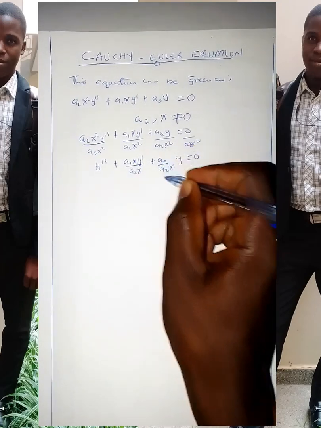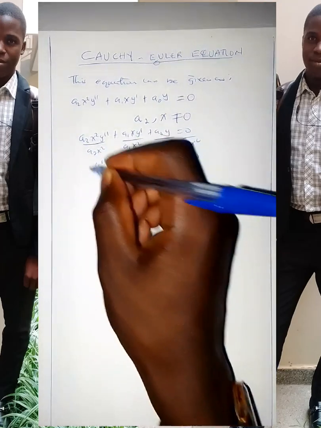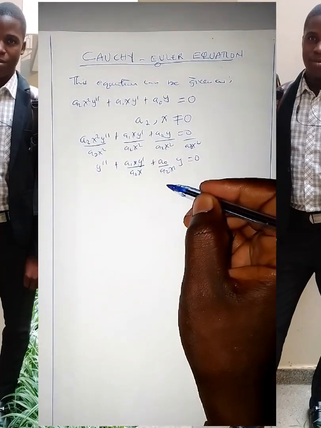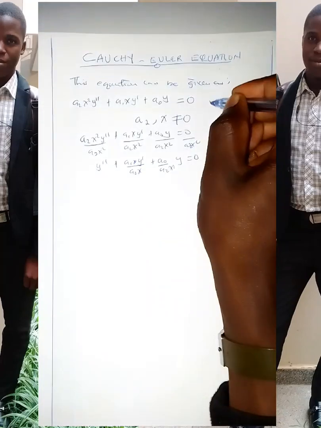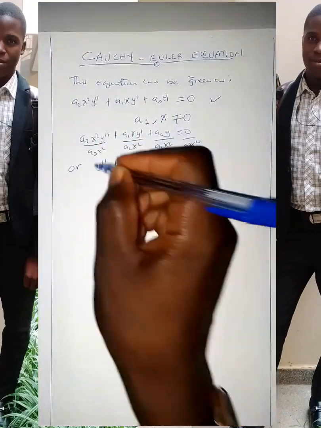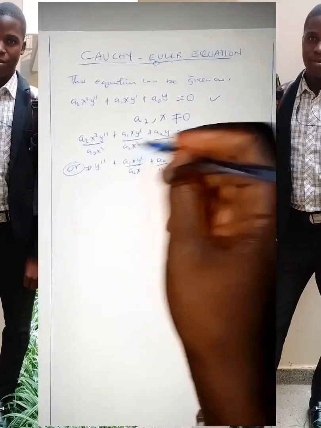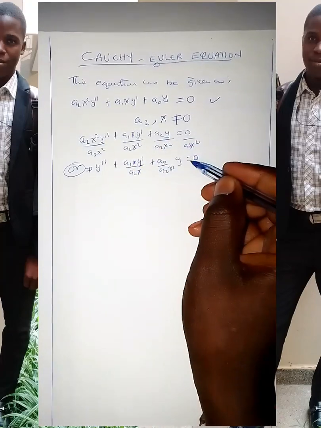You see that we have new coefficients, so an equation can continuously be like that. You can write it like this, or you can have something of this format.